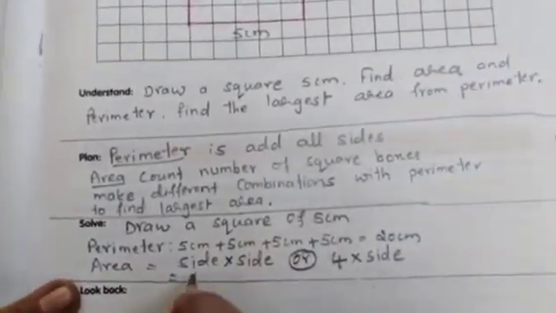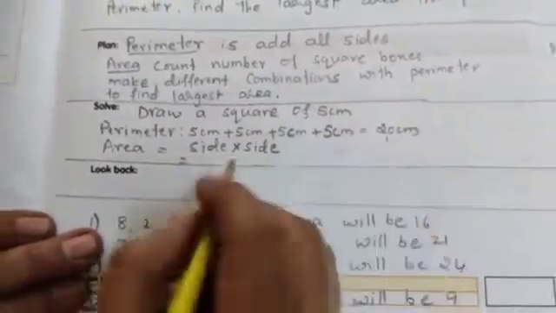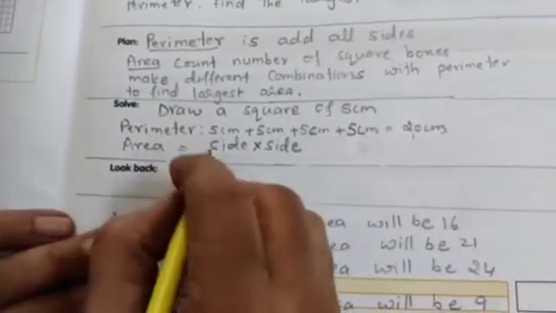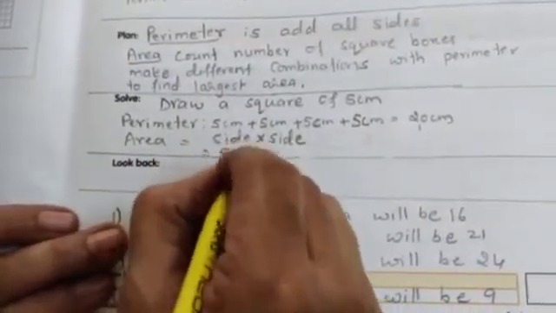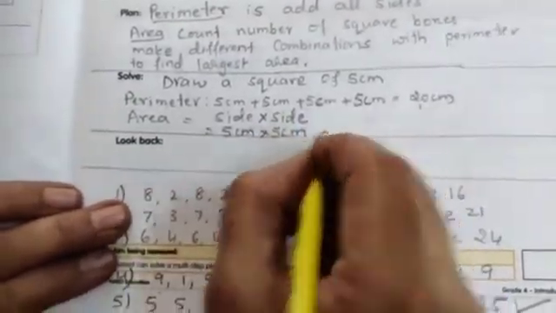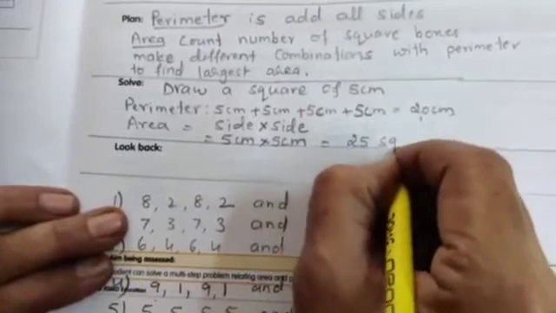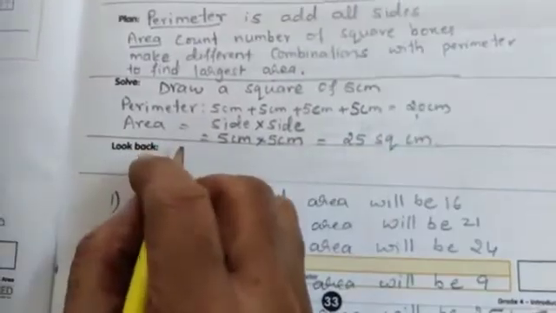Sorry, small mistake, it is side into side that is the area. So now 5 centimeter into 5 centimeter is equal to 5 fives are 25 square centimeter is the answer.